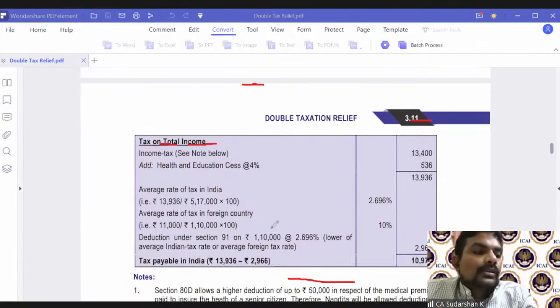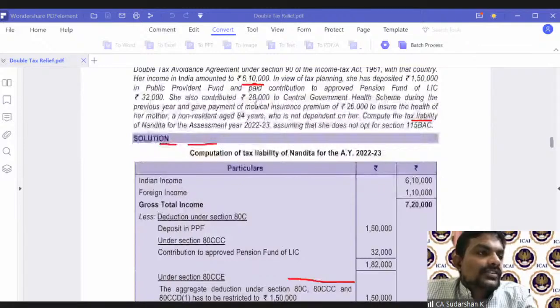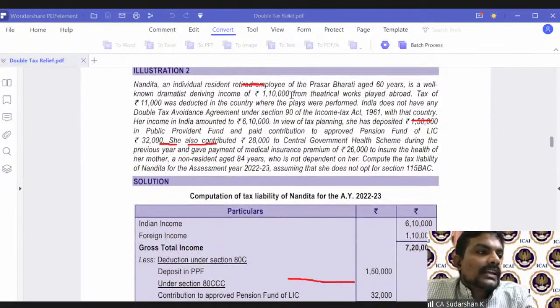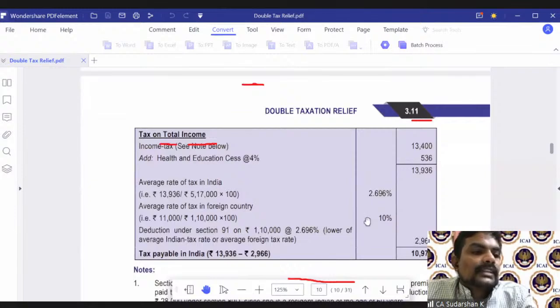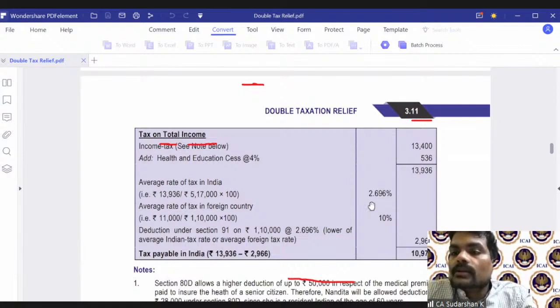Now let's see what is the rate of tax in the foreign country. We've seen this before. It looks like a straight 10% on 1,10,000. So my average rate of tax in the foreign country is 10%. So my foreign tax credit will be restricted to the lower, which is 2.7%.